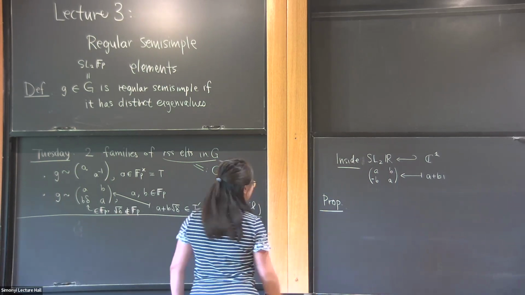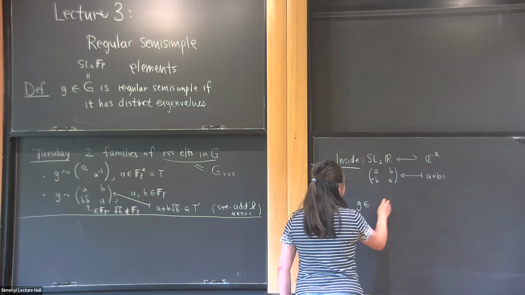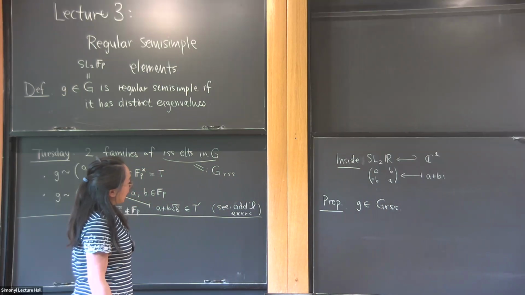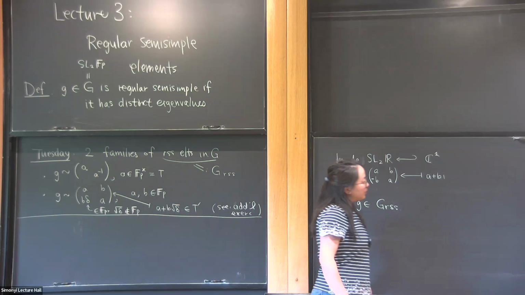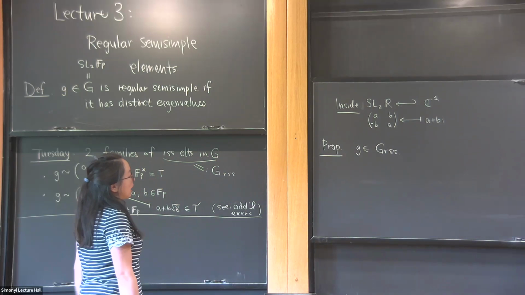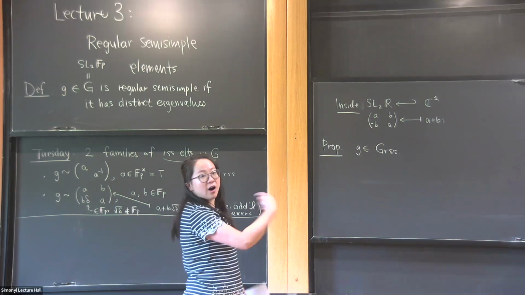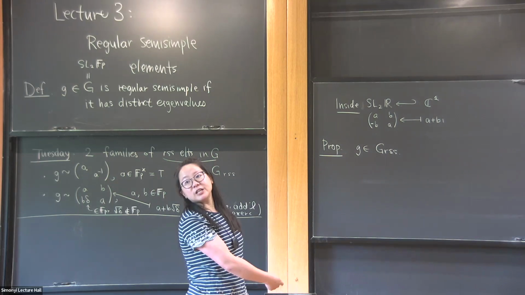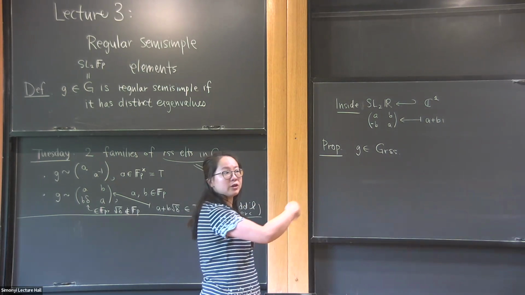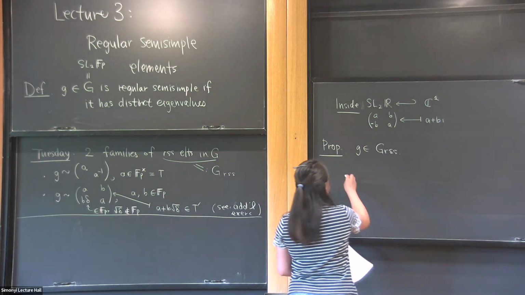The proposition we had at the end of last class is that for an element g inside the regular semisimple locus, you can easily calculate the characters of R_T(theta) and R_T'(theta). We had two different behaviors based on whether you're on T or on T'.